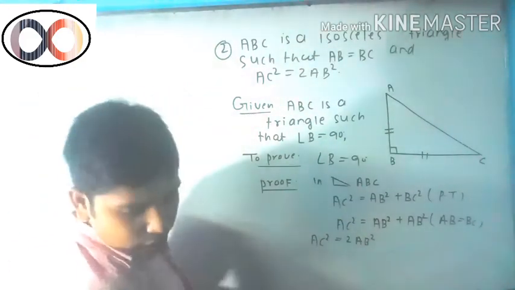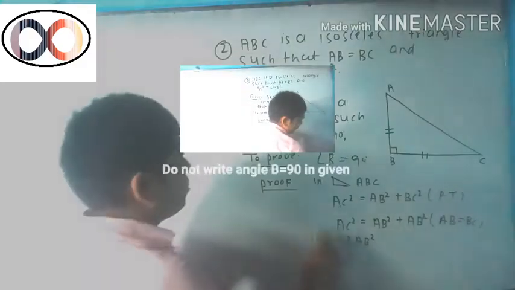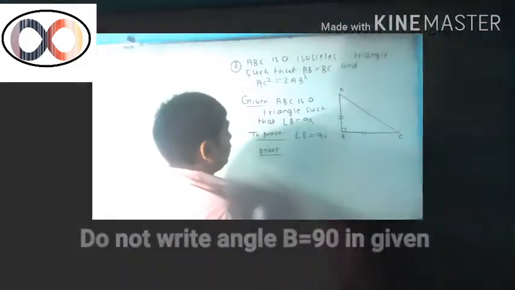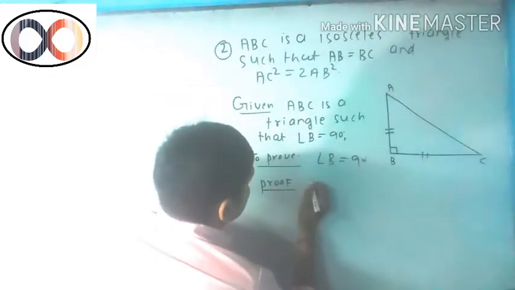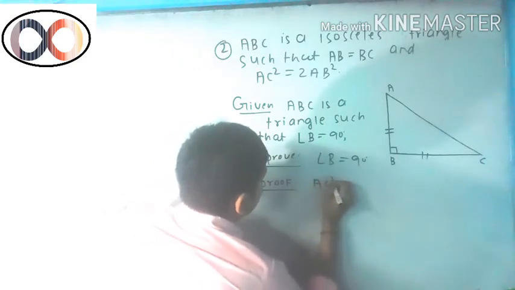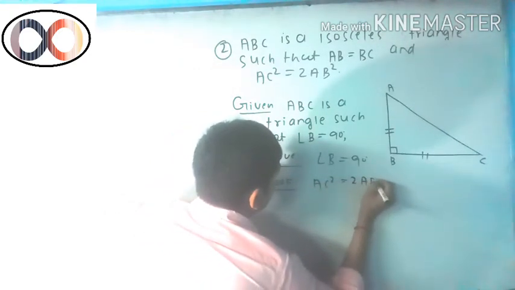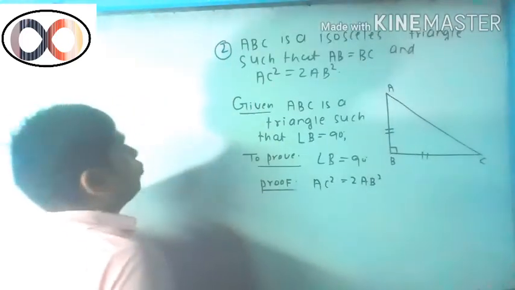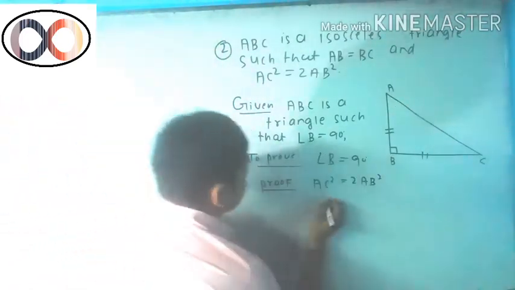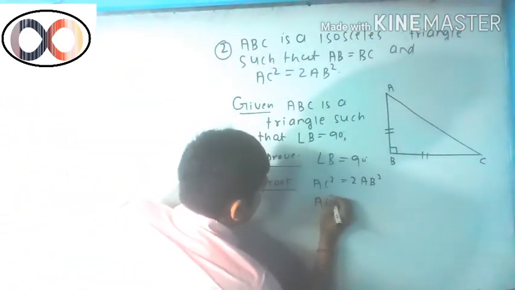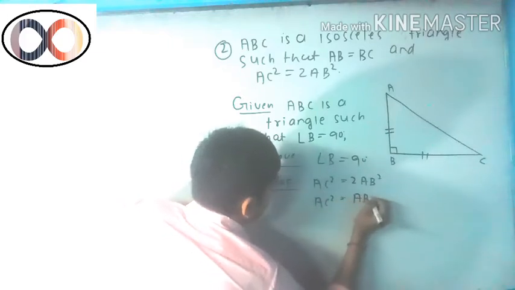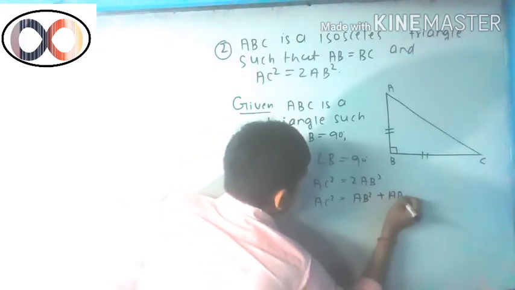We can approach this question this way. Suppose AC square equals 2AB square is already given. In the place of 2AB square, we can write AB square plus AB square. Now a rectification in question number 2, in the given part.